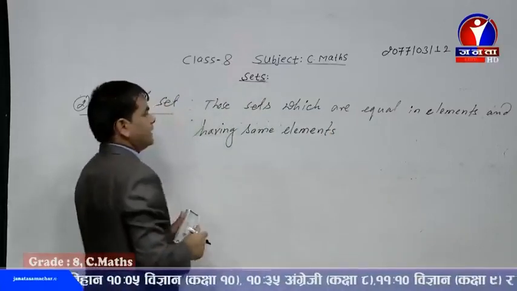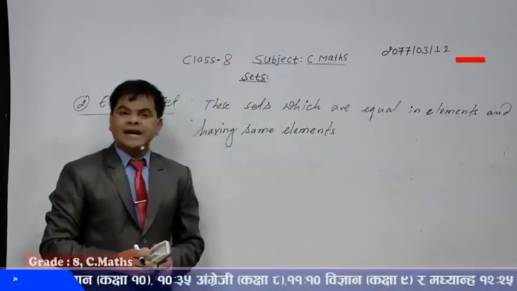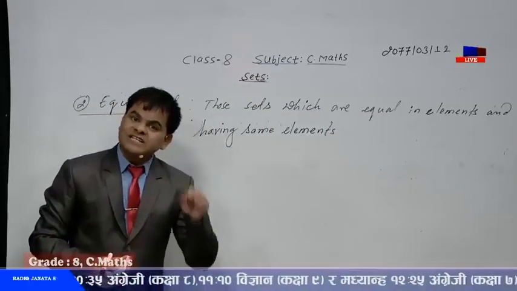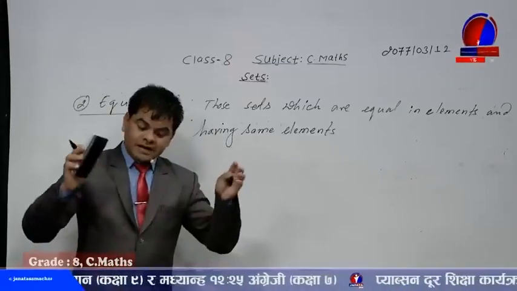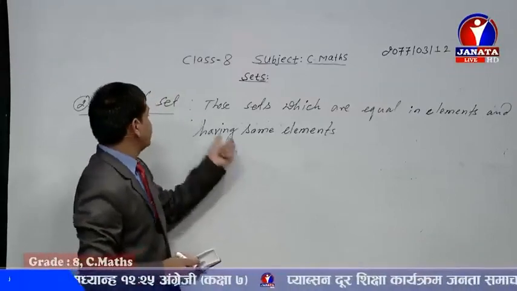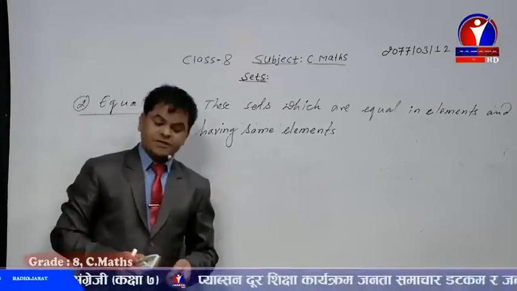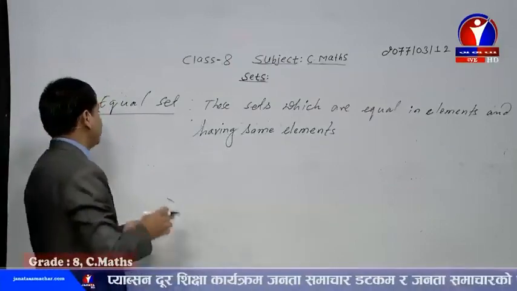That means if 2 sets are equal from the elements point of view, if the same elements are present, and while counting also there is an equal number of elements, that type of set is known as an equal set. Sometimes you may be asked this question as well.